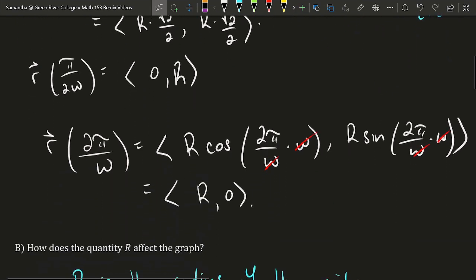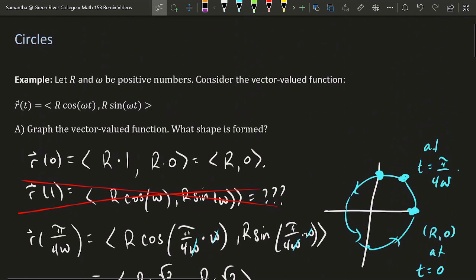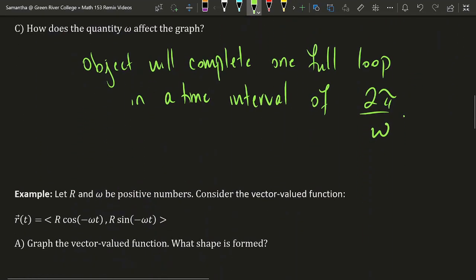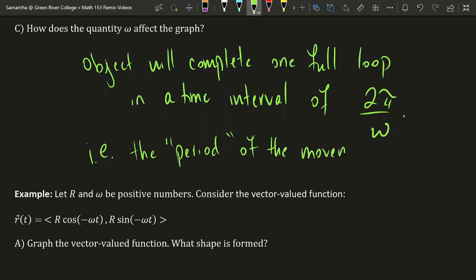So this represents the amount of time that it takes an object moving along this function to complete one full loop and return to where it started. In other words, in the language of trigonometry, the so-called period of this movement is 2 pi over omega.